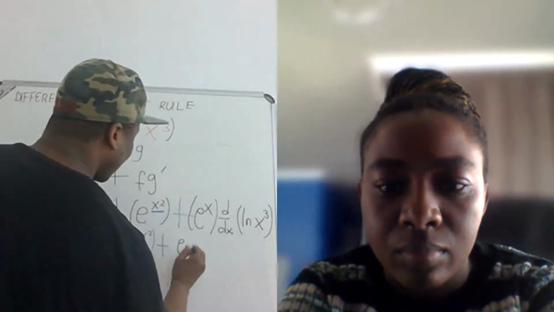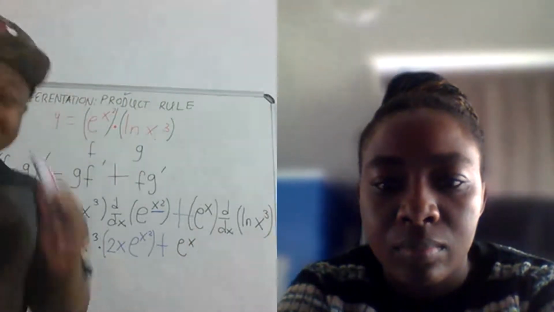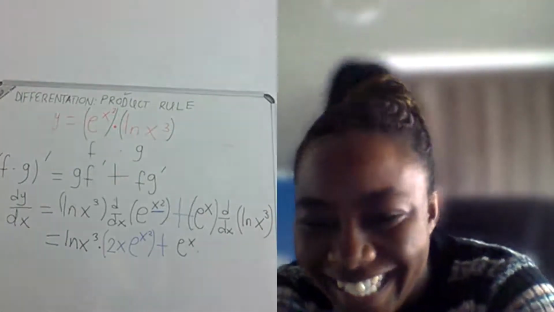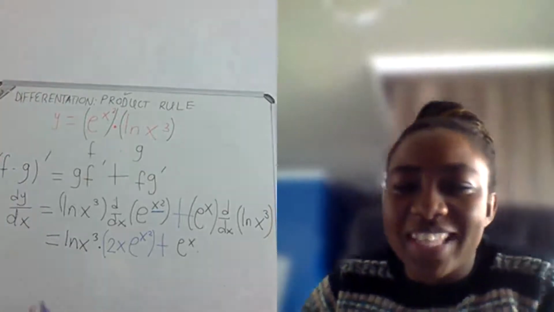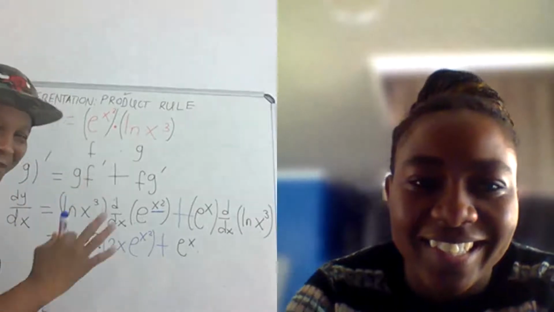Ex is constant, ex. But now, let's come to the ln x cubed. Maybe she might have forgotten how to differentiate. So what we're going to do now, I'm going to help with the first one, the second one to see if you can remember.